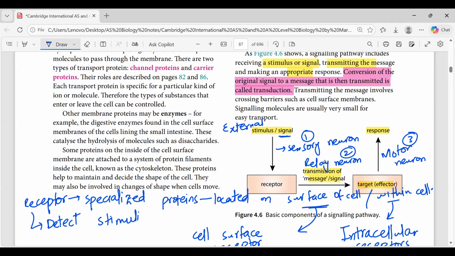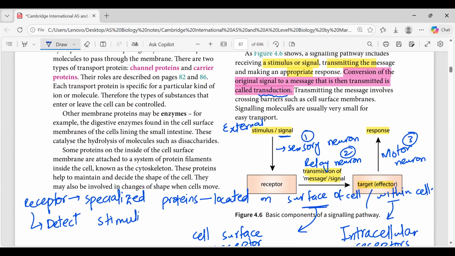So this transmission of the message is known as transduction.